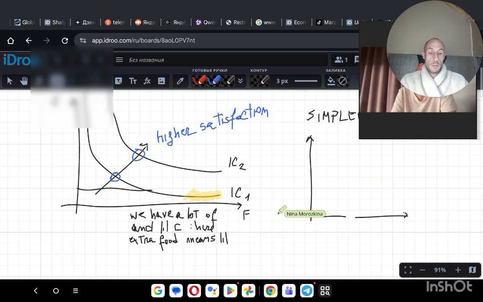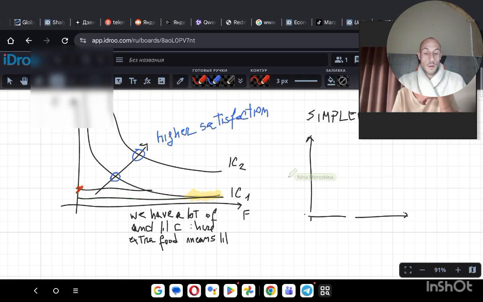So let me put it down. Here we value food more and trade it for a lot of the less clothes.